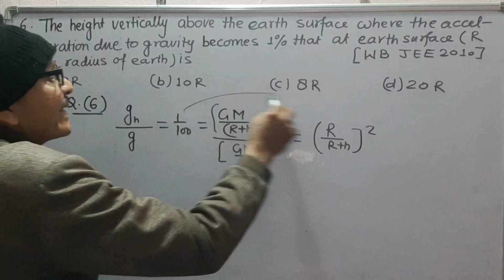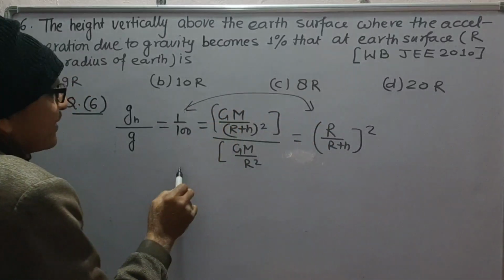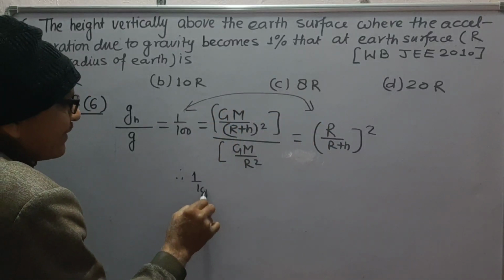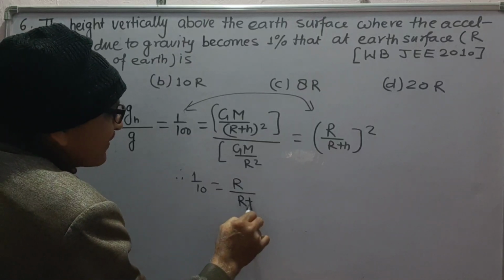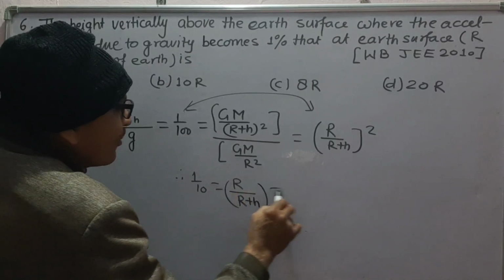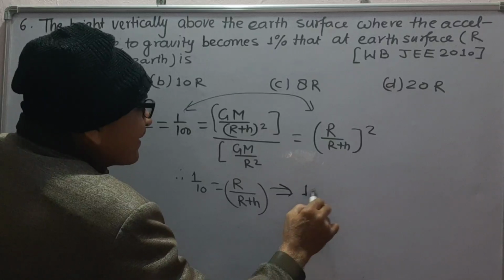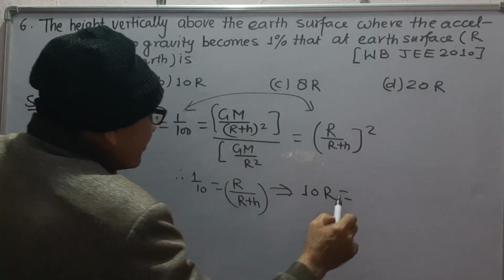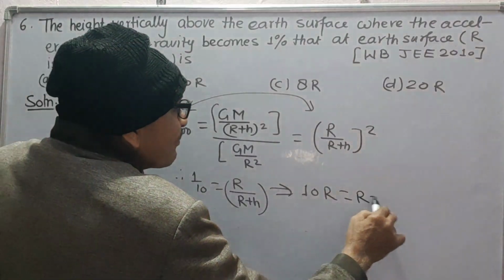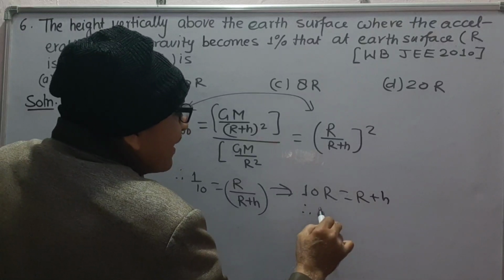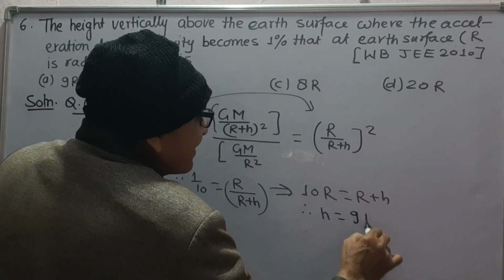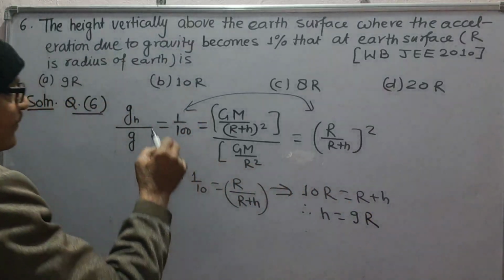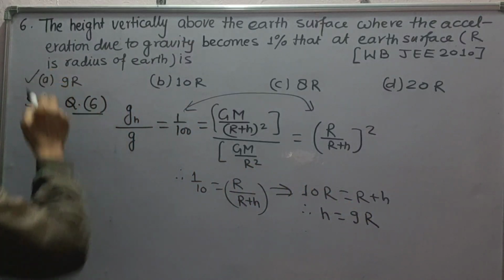So taking square root on both sides, we get 1 upon 10 is equal to R upon R plus h, which gives 10 R is equal to R plus h. Hence, h will be equal to 10 R minus R, means 9 R. So the correct option will be A.